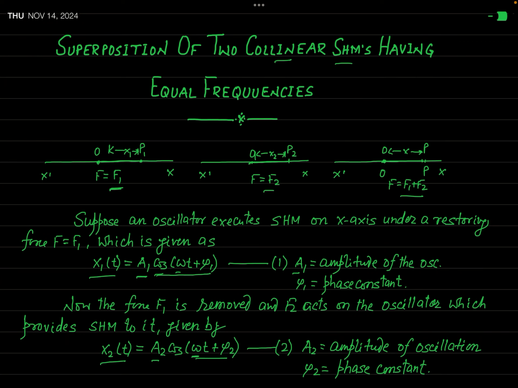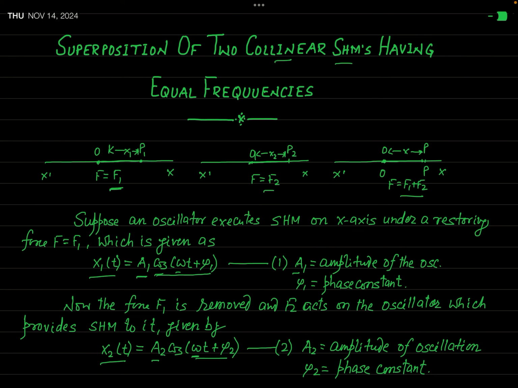Here our aim is to know, if you know x1 and x2, how you can find x. Actually, as you have seen in the introductory lecture, the principle of superposition. So applying the principle of superposition, you can easily find the resultant motion.